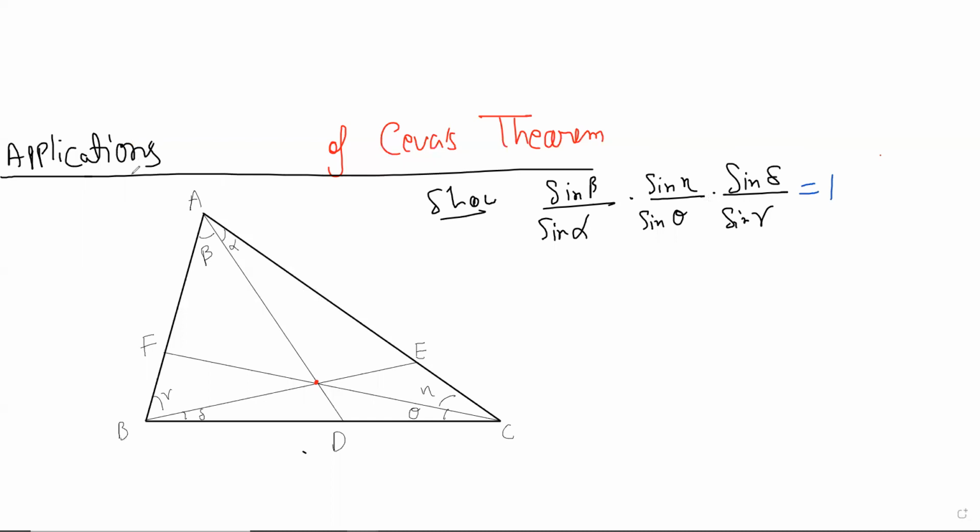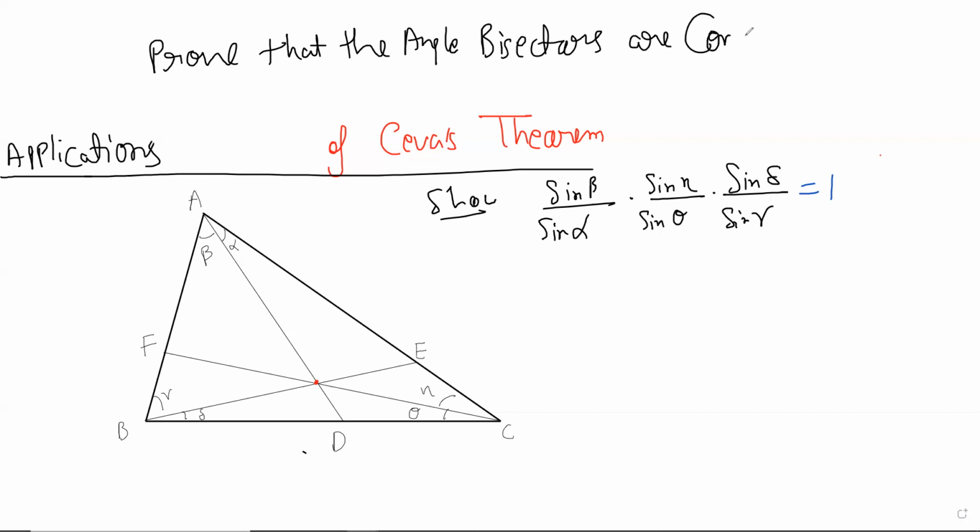What should be the first application that we can do? Let us say that I ask you to prove that the angle bisectors are concurrent. You don't need to apply that angular version. This is a very fundamental question: that the three angle bisectors meet at a point.